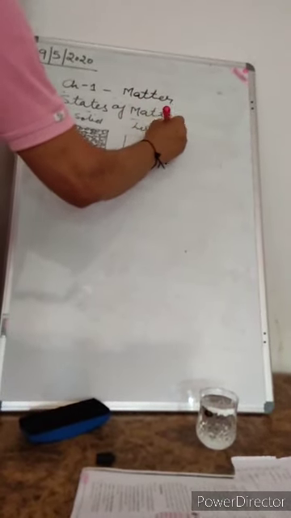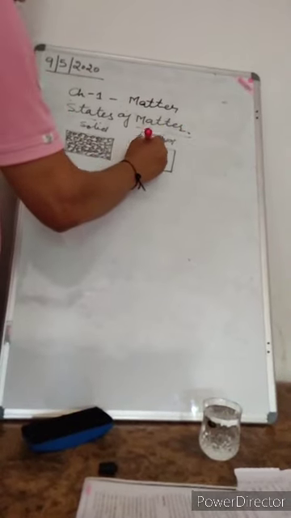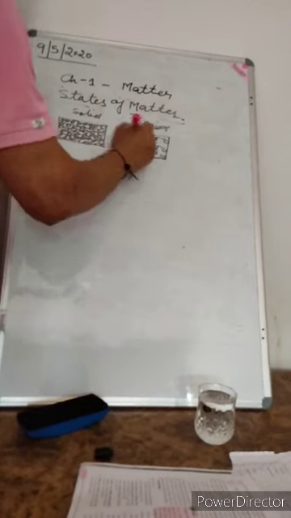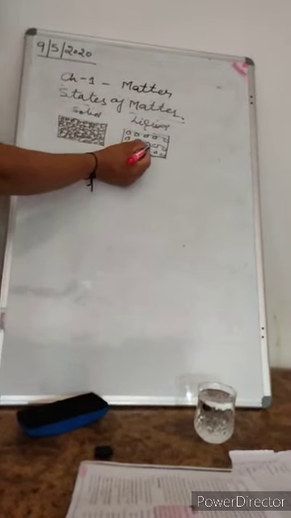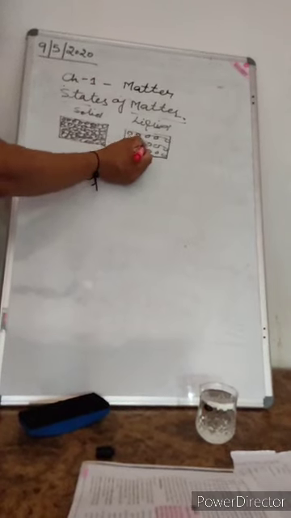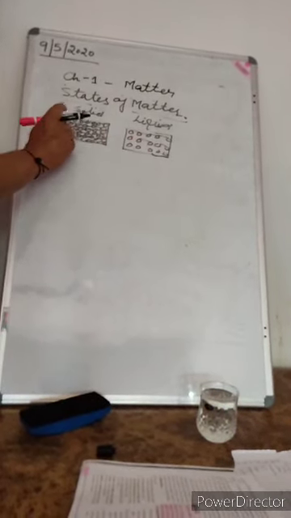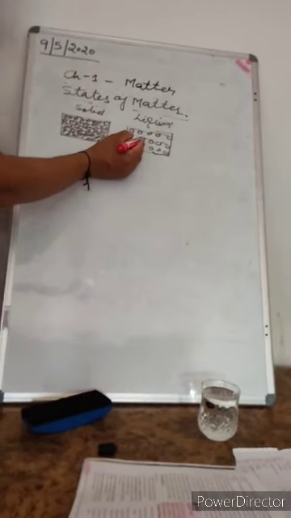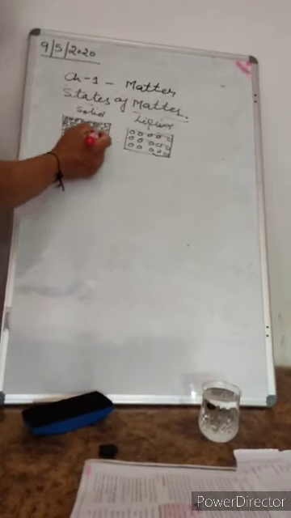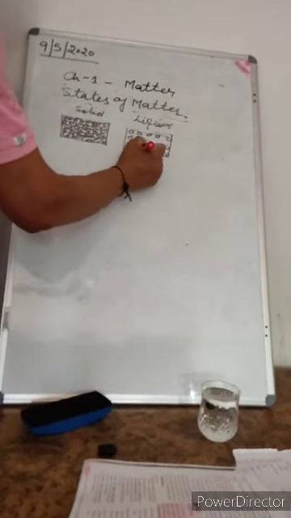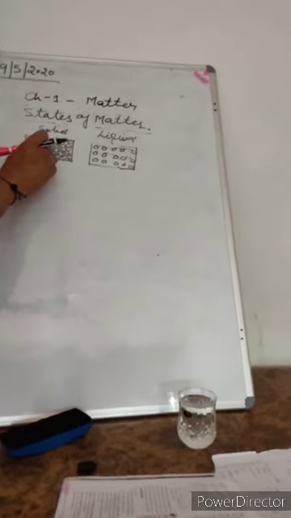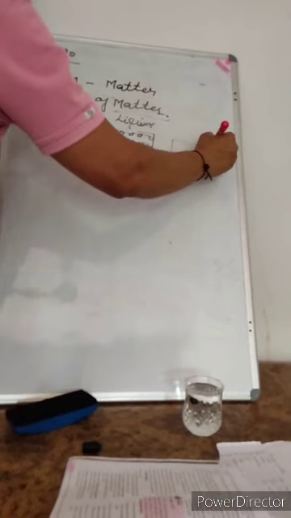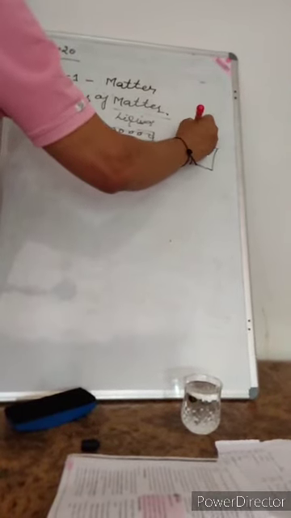In liquid, you see that the interspacing between the molecules is more than the solids. Or in other words, you can say that the intermolecular force of attraction between the molecules of the liquid is less as compared to solids. Then move to gas.